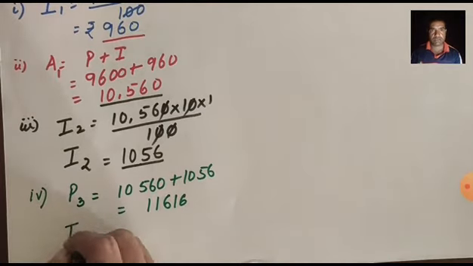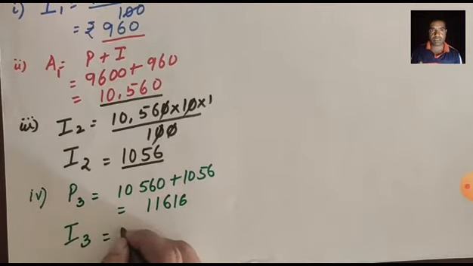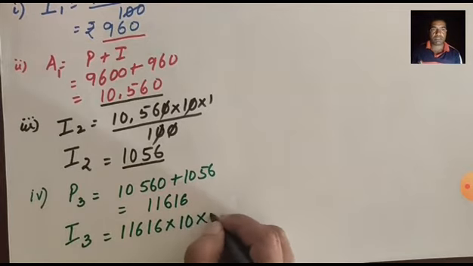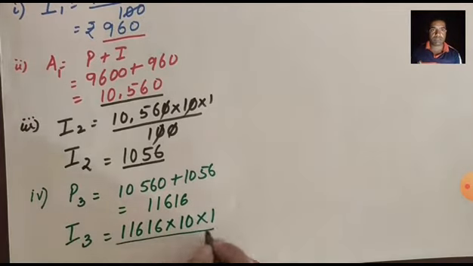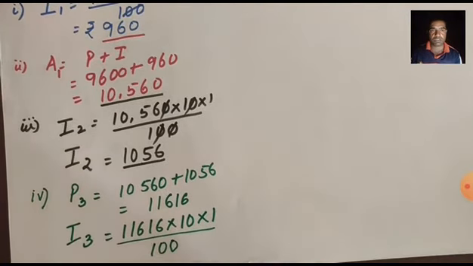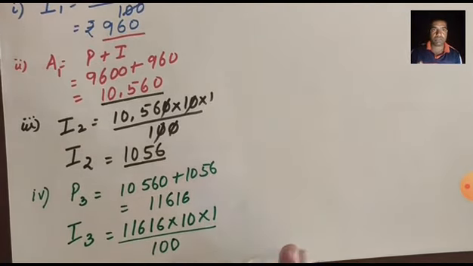Now how much is the I? I will be 11,616 PRT, R will be 10%, T will be 1 upon 100. This is the I3, that means interest of the third year. 1 0 can be cancelled from here.